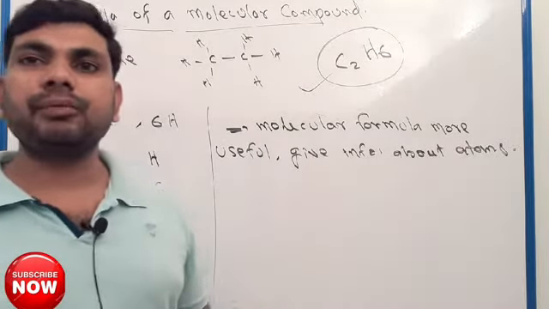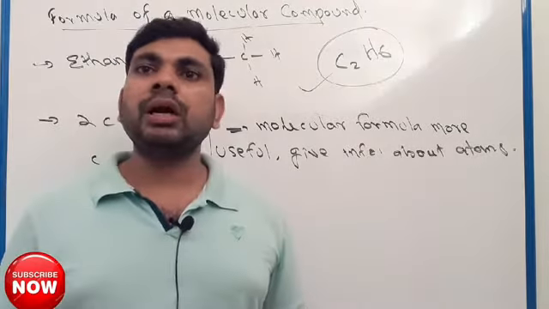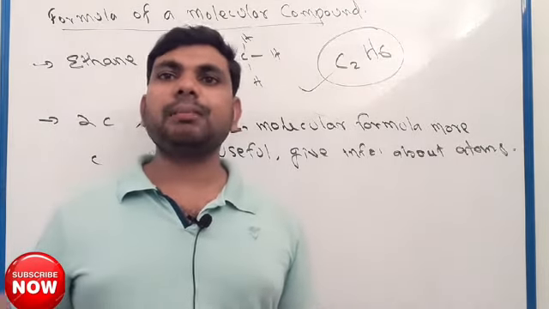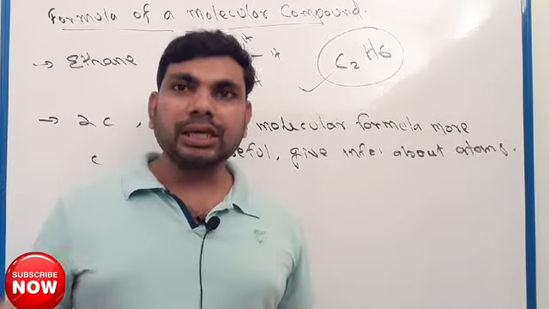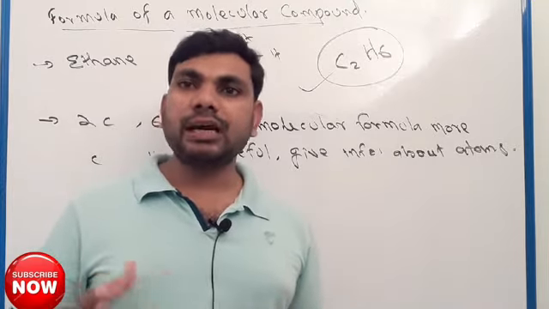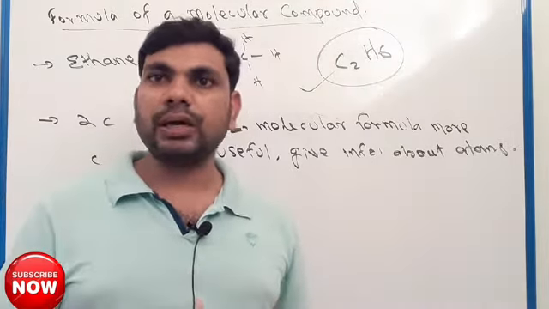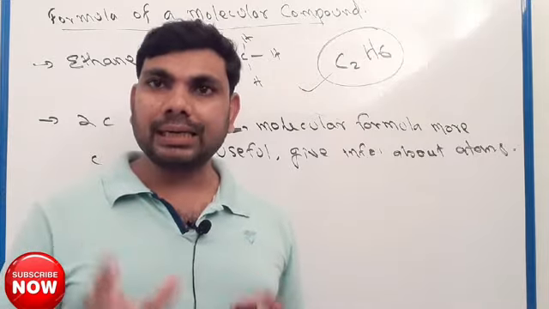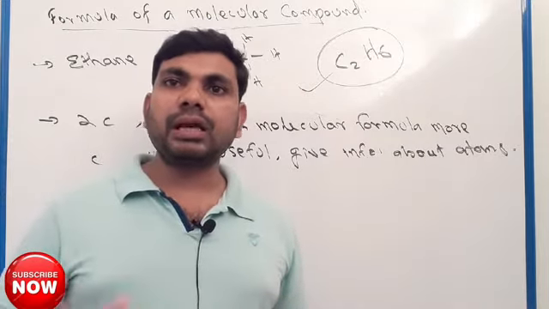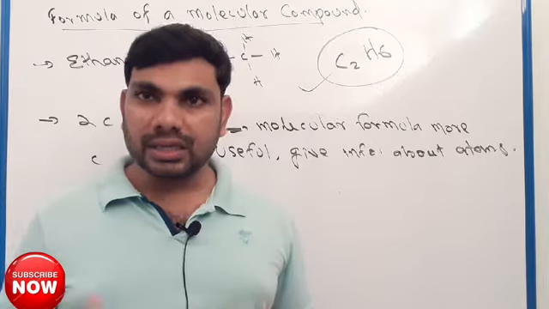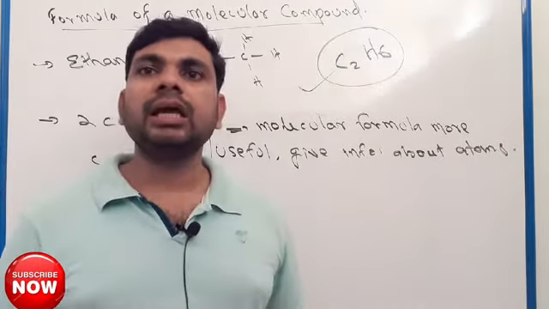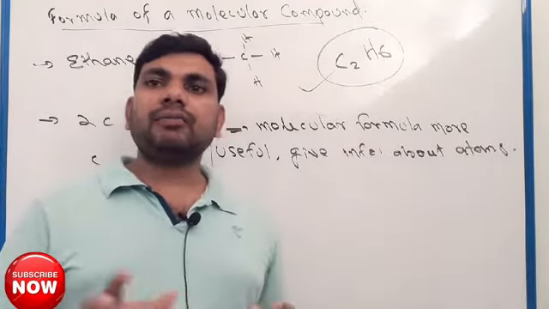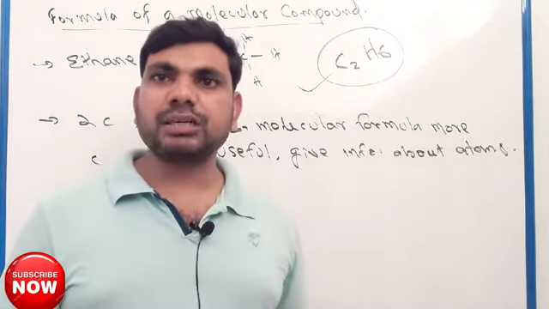There are different types of instruments, spectrometer or spectroscopy. This type of study helps to understand the different types of atoms present. So when you study a compound with the help of this type of instrument, you can understand the different types of atoms present.